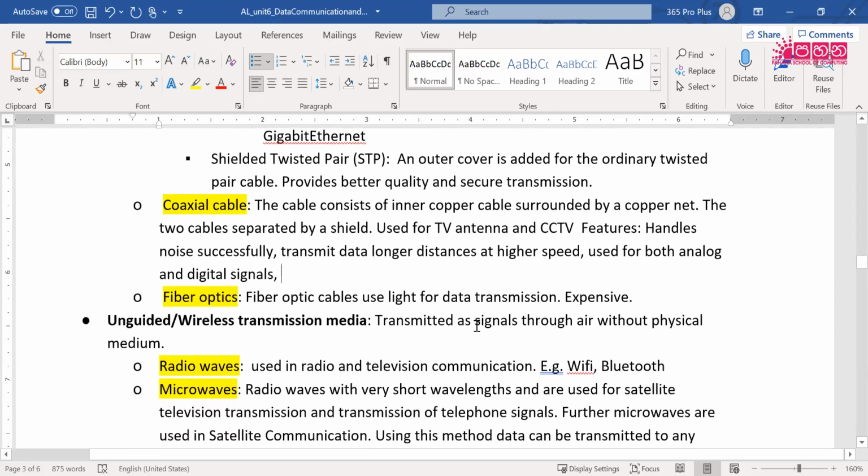Now, finally, we have fiber optics. Fiber optic cables. And especially in these cables, we will have a light beam, right? You have a light beam.